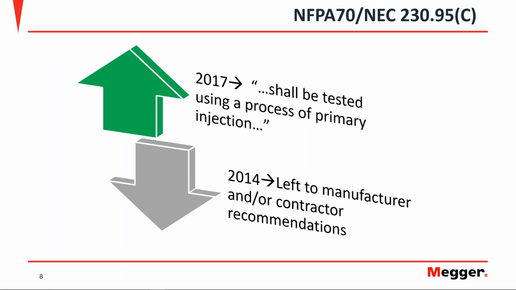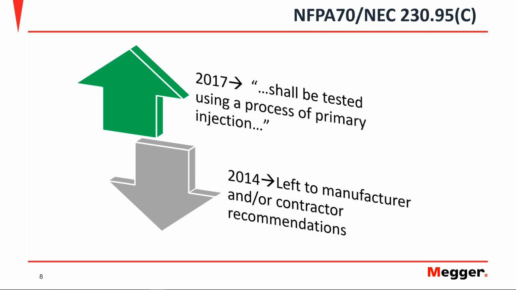I'll start with the NFPA 70, the National Electric Code, which until 2014, when we reviewed this section of the code, and more specifically, Article 230.95, had the requirement for ground fault protection and the requirement to test this protection element in the breaker, all the way up until 2014.